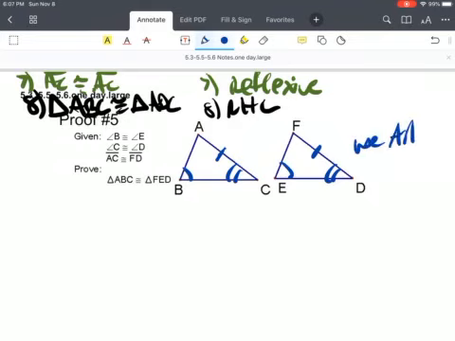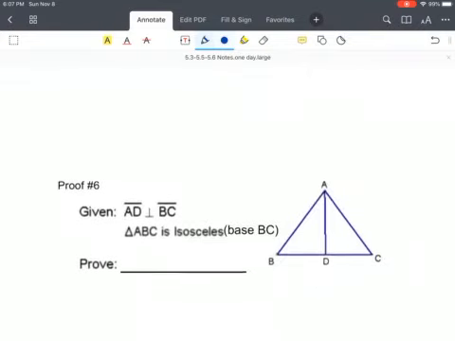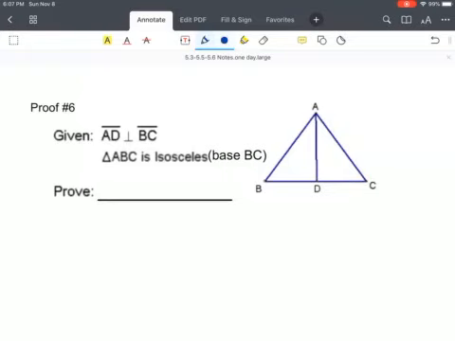So we're going to need to use angle, angle, side to write this proof. And then the last proof is going to be a little bit longer. But when you finish this one, we need to say that triangle ADB is congruent to triangle ADC. Go ahead and finish that proof, and then you guys can check your answers later.